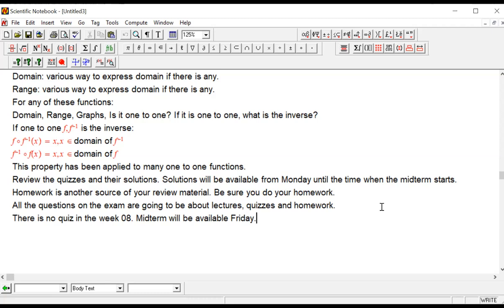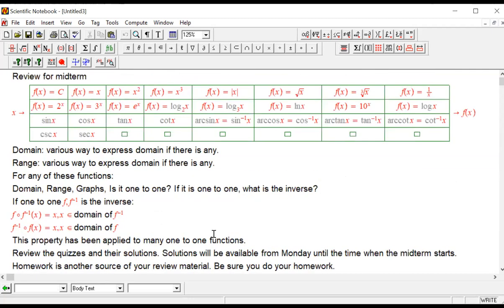The midterm exam will be available Friday, and you have 3 attempts. It's due the 17th of April, 11:59 p.m., as always. Did I leave anything out? I don't think I left anything out.